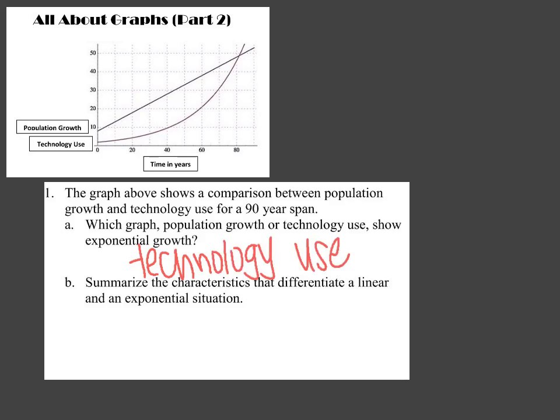Part B. Summarize the characteristics that differentiate a linear and an exponential situation. This word differentiate really just means what are the characteristics that are the different pieces between being linear versus being exponential. I know that linear makes a straight line, and exponential makes a curved line.